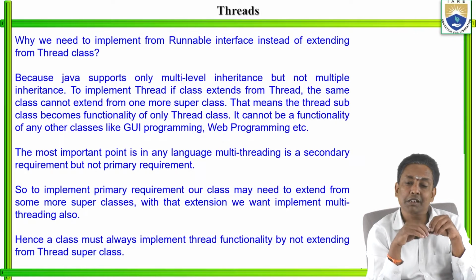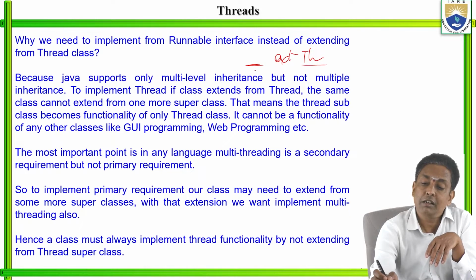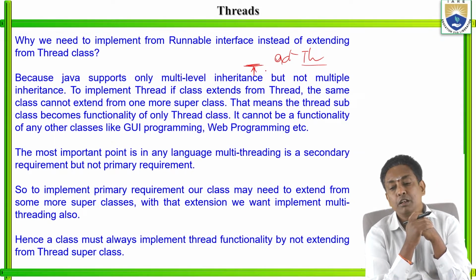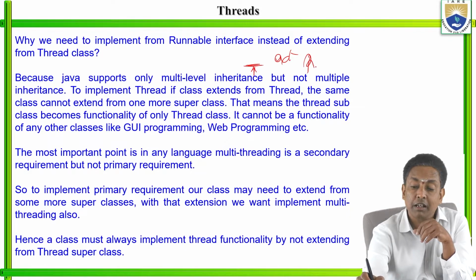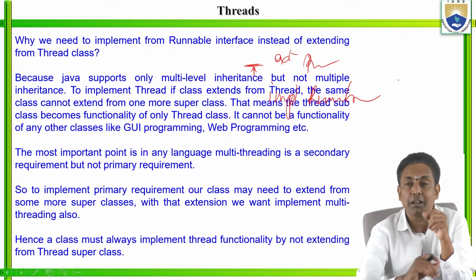In such cases, if you extend a class from Thread, the class extending from Thread will lose the chance of inheriting from one more class. So let the classes extend from whichever primary requirement class they want, and optionally we ask them to implement the Runnable interface.